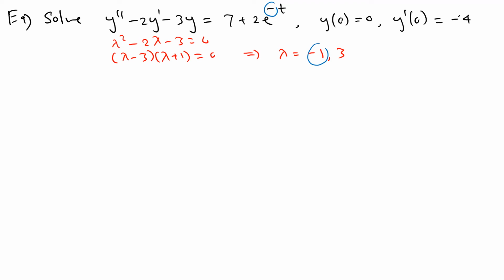So the yp has to be, if you use the undetermined coefficient method, a constant term a, and then it is not just b e to the negative t, it is b t e to the negative t. So we had to introduce that extra t to find a linearly independent solution.